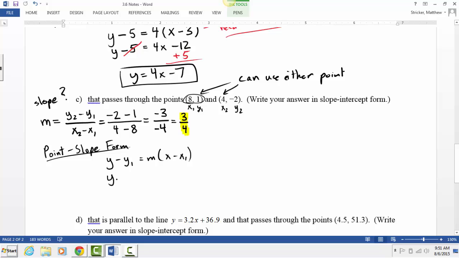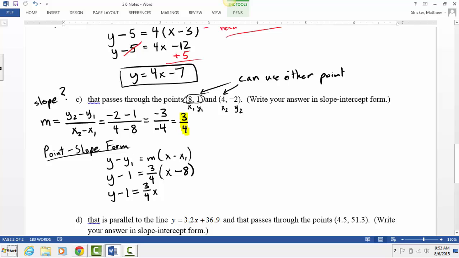So if I use the first one, though, I have y minus 1 equals our slope of 3/4. Uh-oh, fractions. We'll be okay, don't worry. Times x minus 8. So this is y minus 1. Let's get rid of our parentheses. 3/4 times x when we distribute. 3/4 times x.